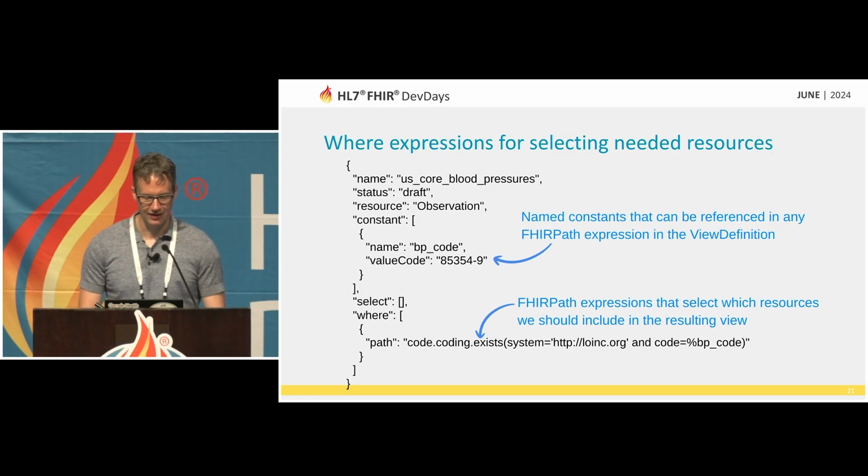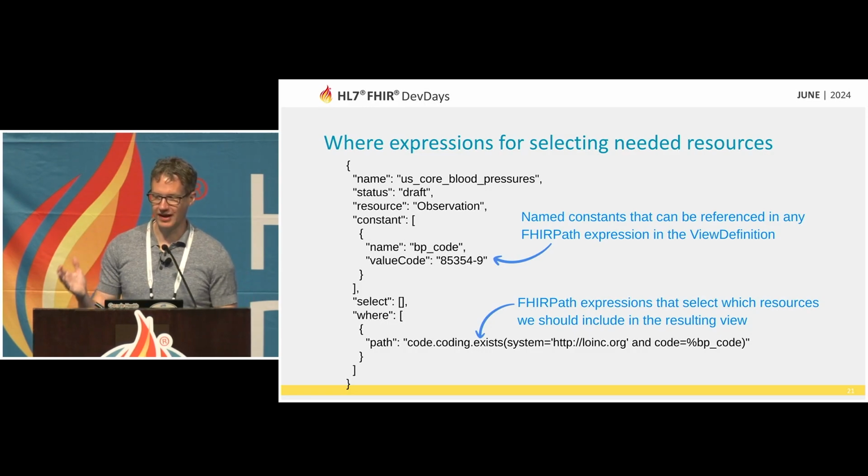So that gets us past selecting the columns. Now, in terms of filtering, it's the same sort of pattern where we filter the resources. We have this where expression. In this example, we jump to a blood pressure resource. Let's say we want to filter all observations to only get blood pressures.